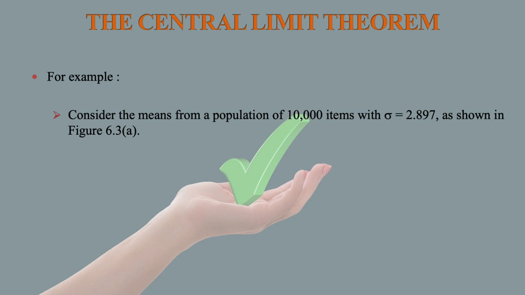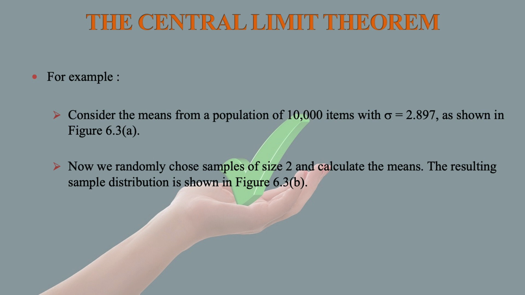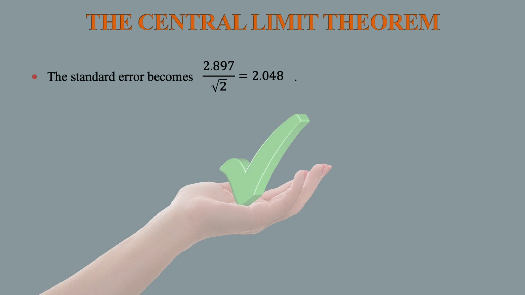Now we randomly choose samples of size 2 and calculate the means. The resulting sample distribution is shown in the next figure B. The standard error becomes 2.897 divided by root 2, which is equal to 2.043.